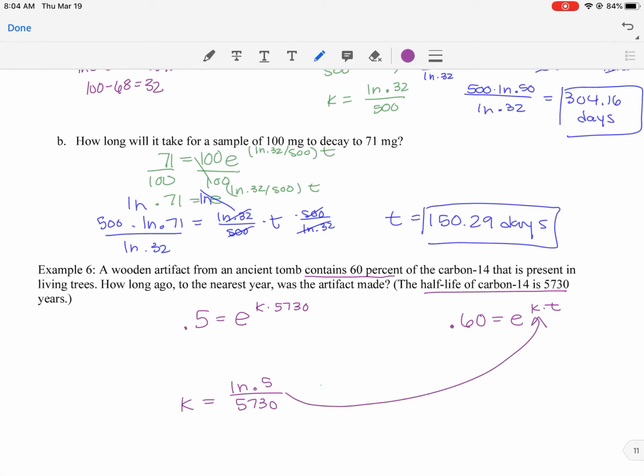Once you have that, think about plugging it in there and solve for t. I will give you your answer for t as well. I would leave it in that exact format again, just because sometimes, depending on the question, if it doesn't tell you to round it, you'll get things slightly off. So t to the nearest year is 4,223 years if you've done things correctly.